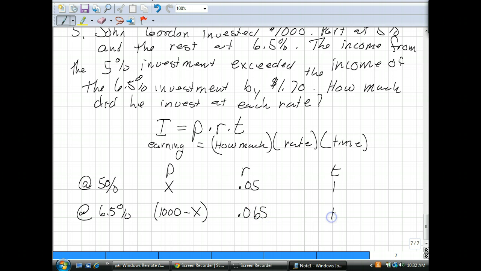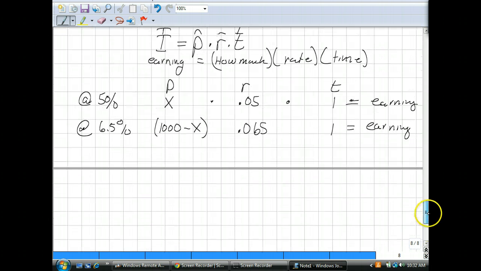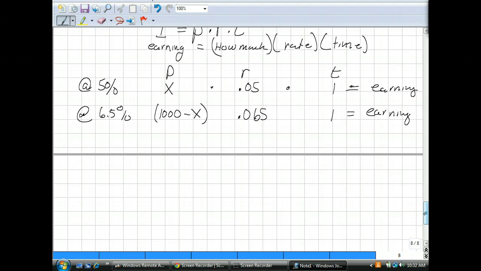And again, we're going to use 1 for time. Now, these multiplied together represent how much he earned at each rate.